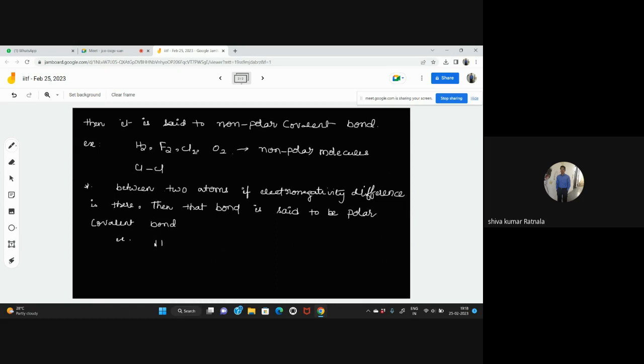Example: HCl, HF, because different atoms are there, no? So obviously there will be an electronegativity difference, which means these bonds are said to be polar bonds and the molecules are polar molecules. Okay.